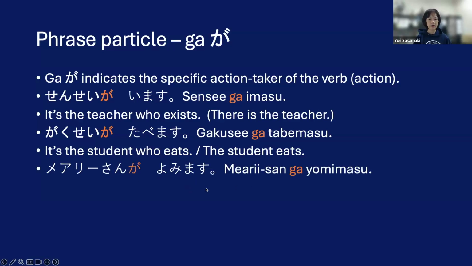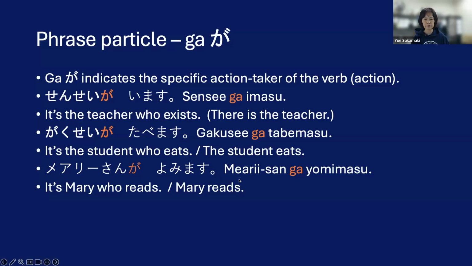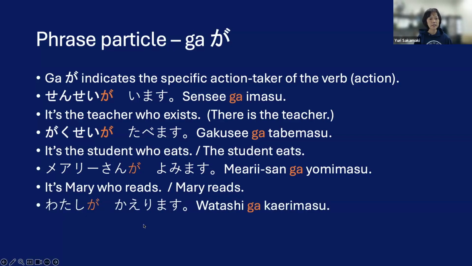Or, メアリーさんが読みます。So, メアリーさん is a reader. We don't know what she's reading or what she reads. Maybe newspaper, maybe a book. But you don't have to say that if you don't want to in Japanese. But here, by indicating ga, Mary is the one who does this verb, this action. 読みます。私が帰ります。So it's me who's returning.